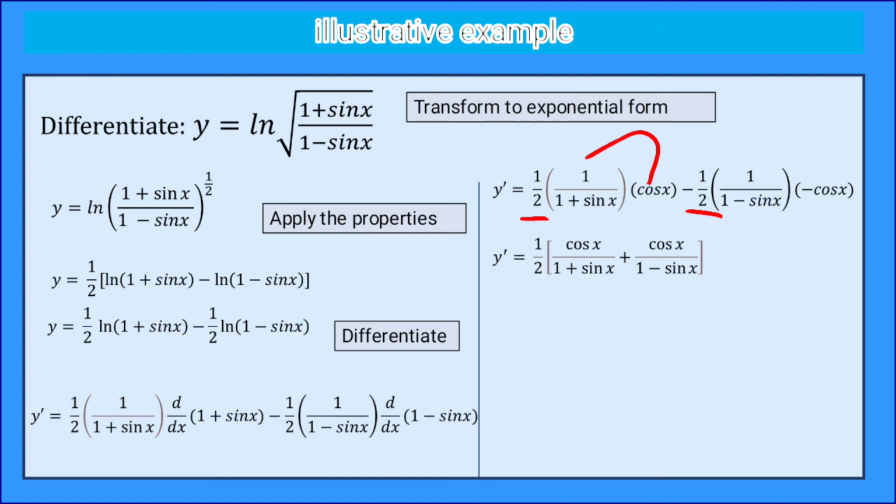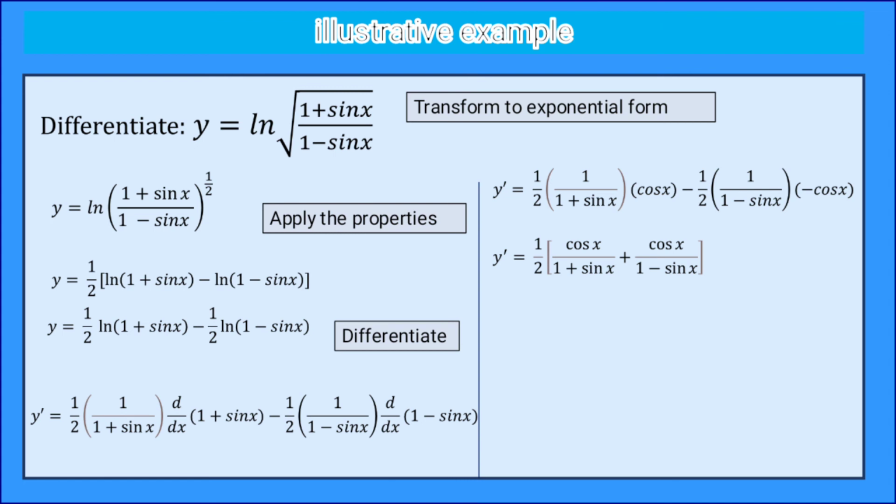And then we multiply 1 to negative cosine x, which is negative cosine x. And since we have the negative sign here, negative cosine x times negative is positive cosine x. That's why we have a plus sign here. Okay, let's remove those.